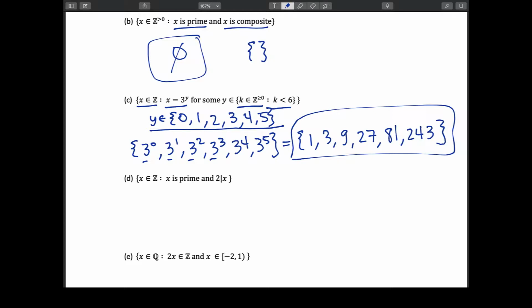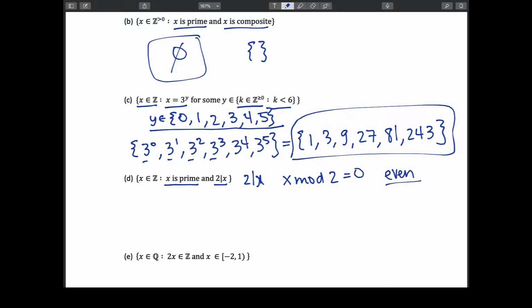Part D are all integers that are prime and for which 2 divides x. So 2 divides x is the same as saying x mod 2 is equal to 0, which is the same as saying that x is even.